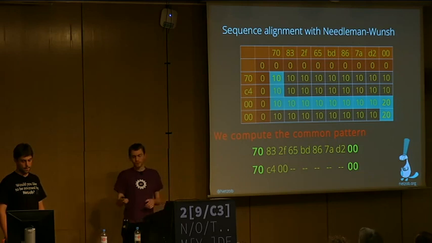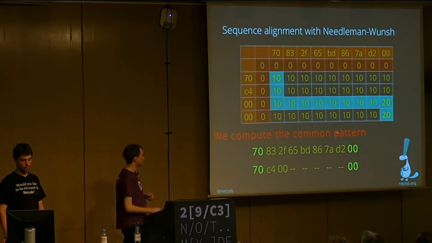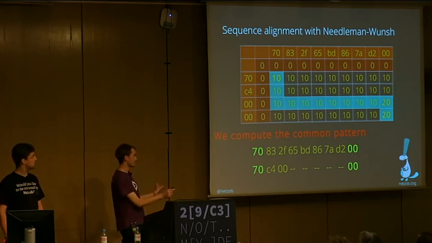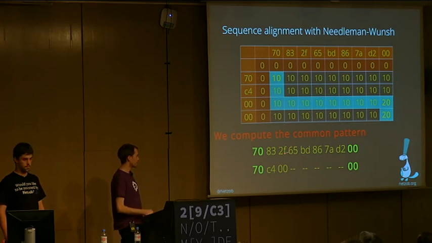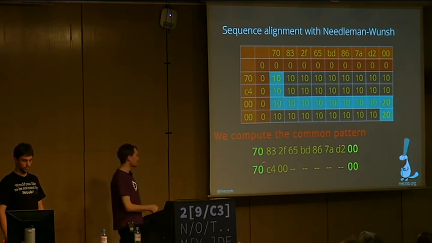So here the result is simply two static bytes, the 70 and the 0, which are static, so we align them. And in the middle you have the dynamic variation, the dynamic part, which will then correspond to a unique field. So here you have three fields: the 70, the dynamic part, and the 0, which is another field.